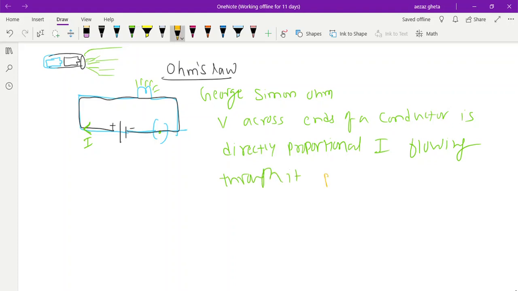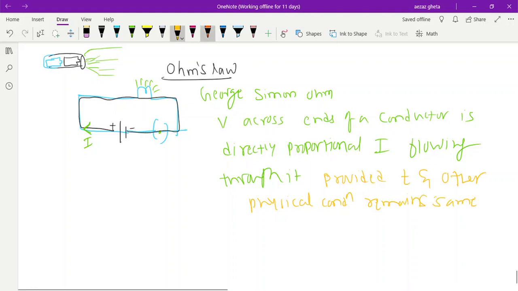Provided temperature and other physical conditions remain the same or constant. Okay. So according to this statement, I can say the potential difference is directly proportional to the current flowing through it. So if potential difference increases, current will increase, brightness will increase, right?